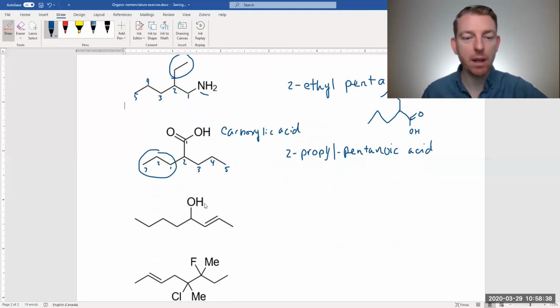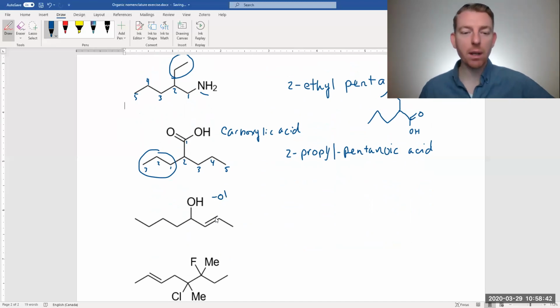So we have the alcohol, so this is going to take the priority of having the suffix with the OL. And also we have to have an ene in here somewhere because of the double bond. Again, in this case, let's put the double bond on the parent chain, and we'll just keep the numbering low.